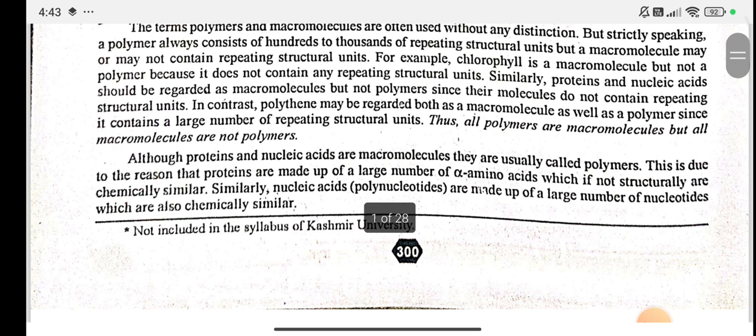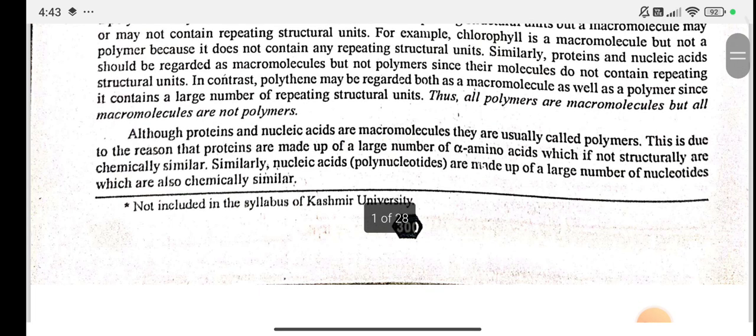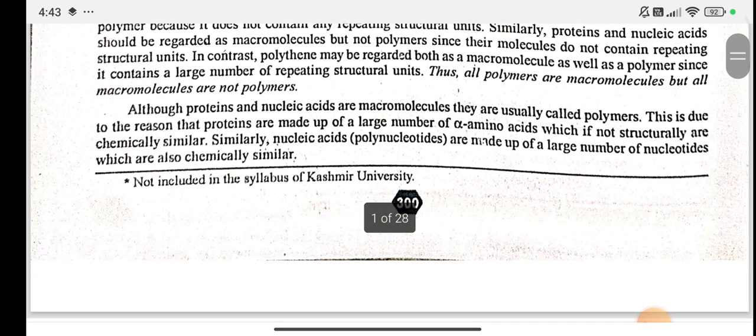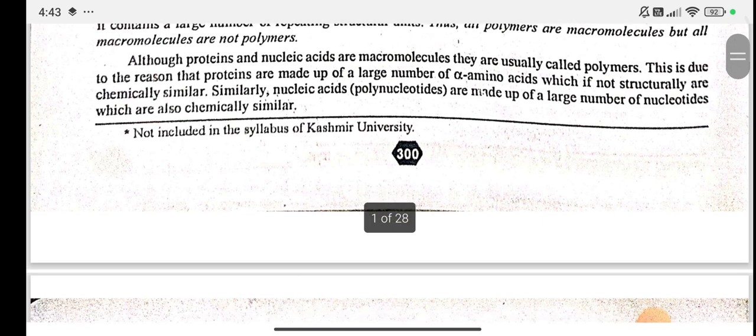Similarly, protein and nucleic acid should be regarded as macromolecules but not polymers since their molecules do not contain repeating structural units. In contrast, polythene may be regarded both as a macromolecule as well as a polymer since it contains a large number of repeating structural units. Thus, all polymers are macromolecules but all macromolecules are not polymers.